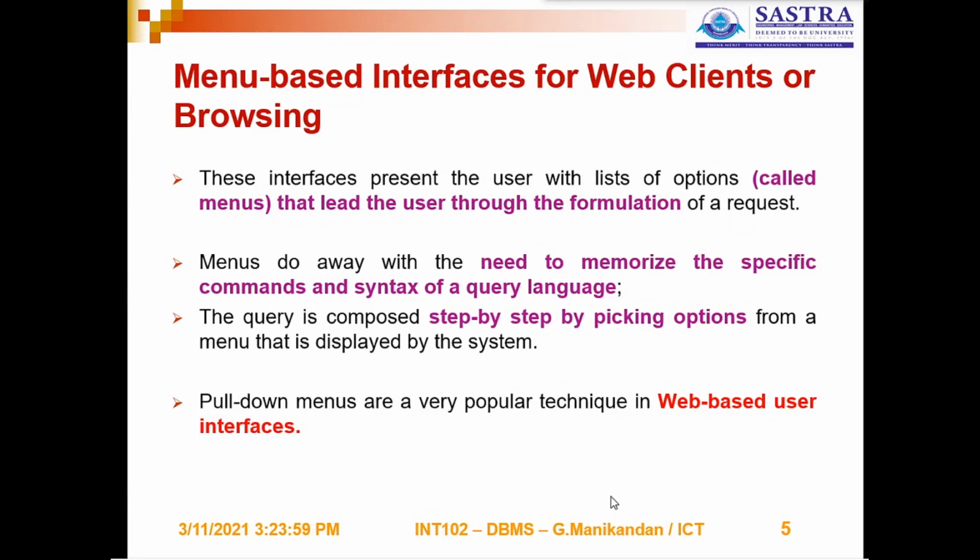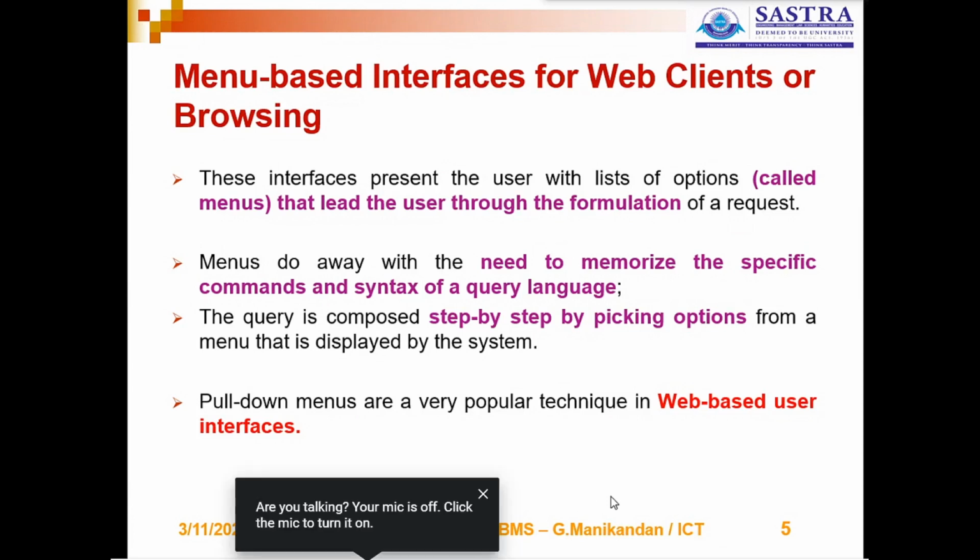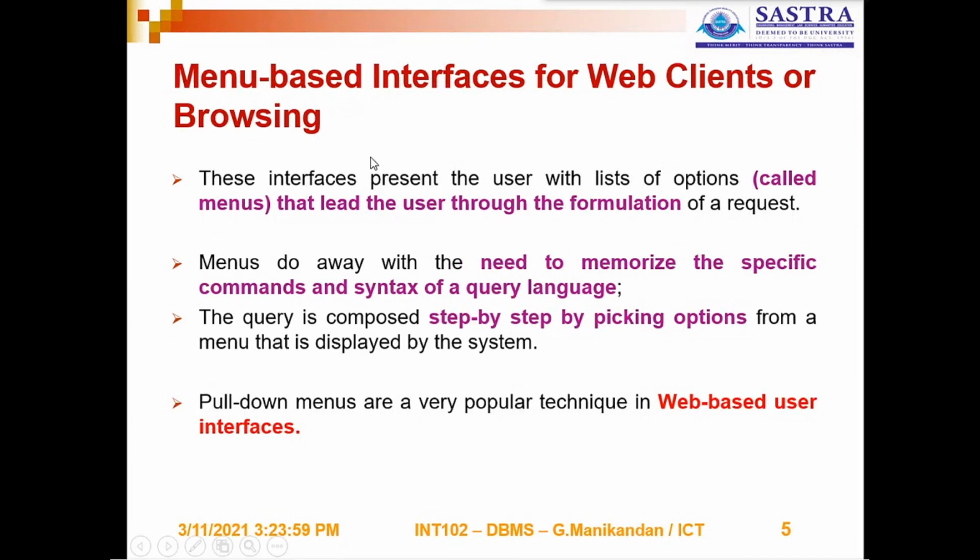For example, I can have tables called product, customer, student. With which table do I want to interact? Like that, I can have a series of menus. If you click a menu, you get a pull-down menu that displays the items. From that, you can select a particular menu item and construct the query according to your requirement. This is a very popular technique used in web-based user interfaces.